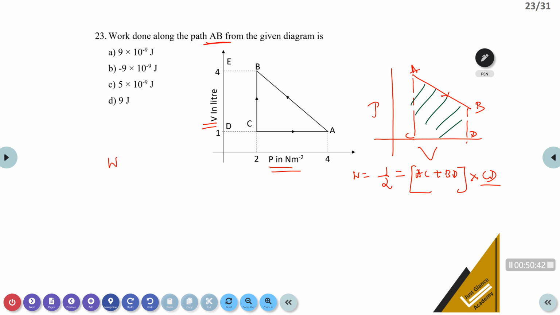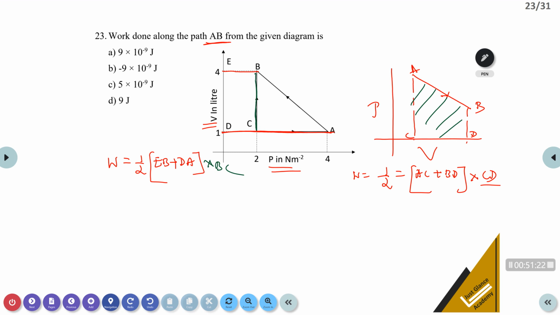In this case, work done equals 1 by 2 into EB plus DA, the altitudes, into the base. BC is the base here.